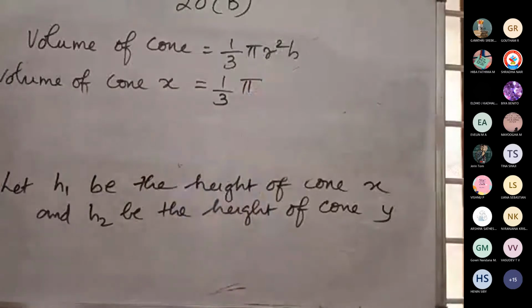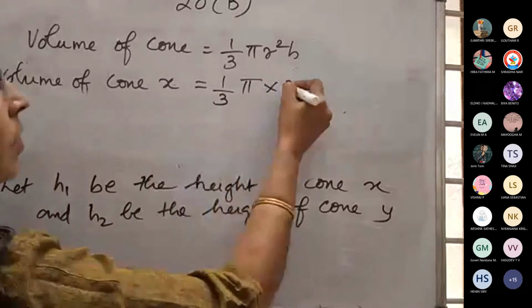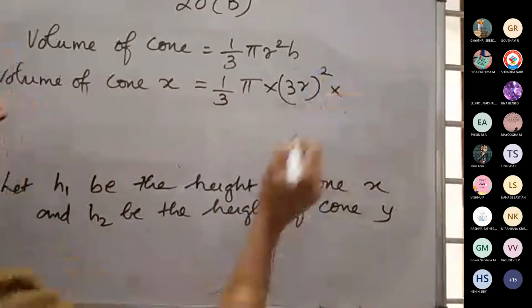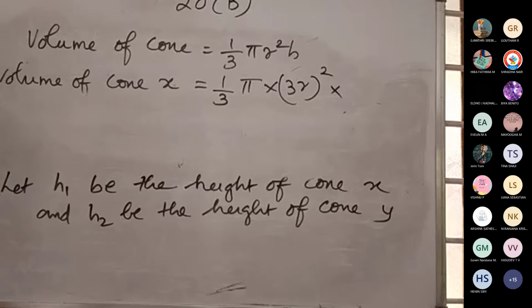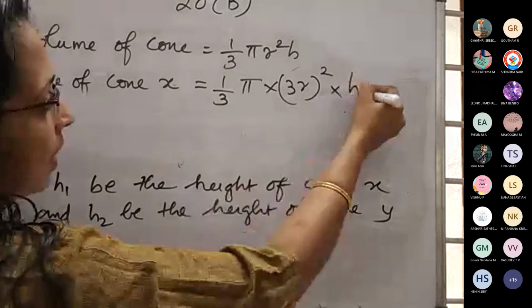Then the radius of cone X is 3r, so 3r the whole square, into the height of cone X, h1.